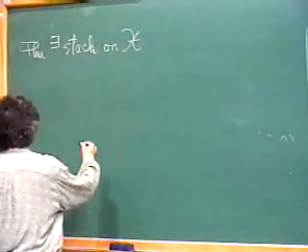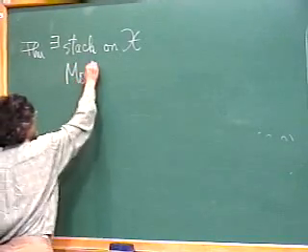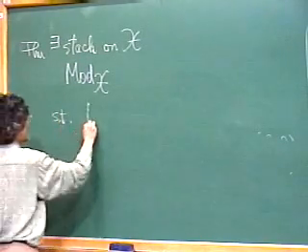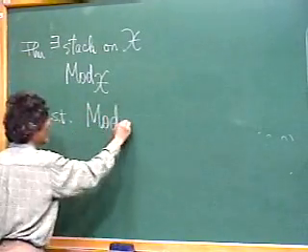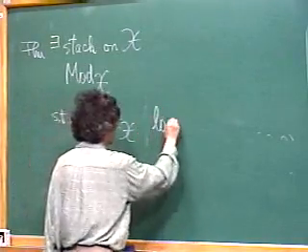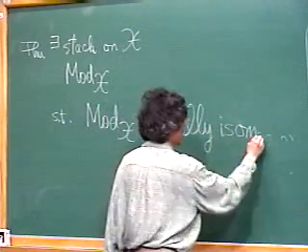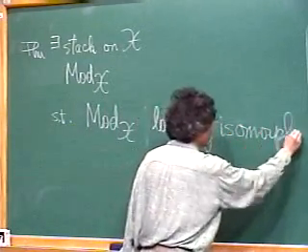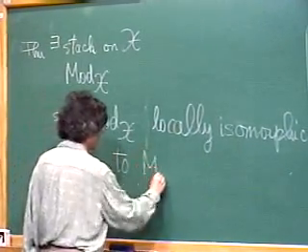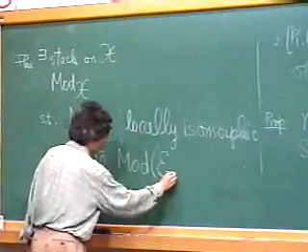And there is a stack, say, Mod X, such that Mod X is locally isomorphic to Mod E_Ui.